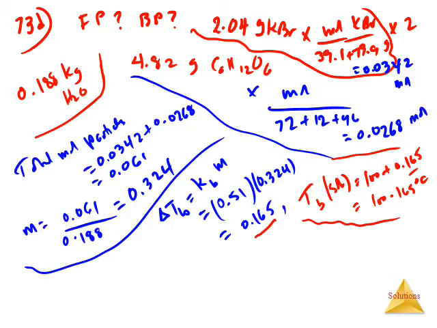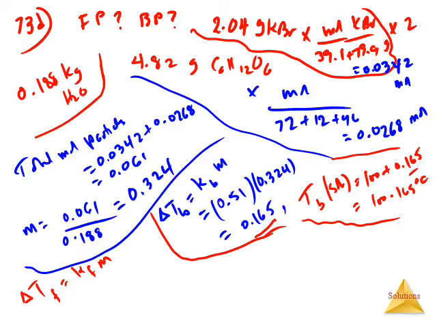Let's now calculate freezing point from depression of freezing point. So here we are going to use delta TF, depression of freezing point, will be given by KF times m. Again, KF is a constant, for water is 1.86.